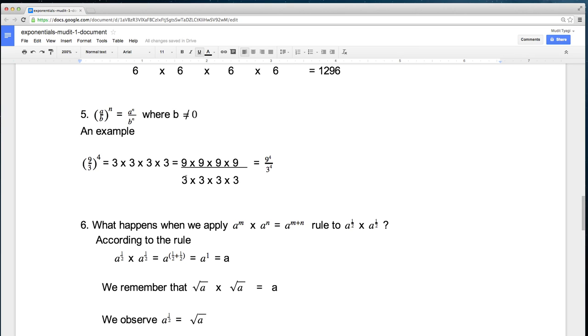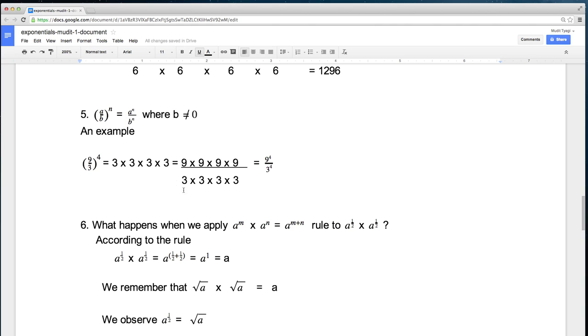And you can see that each 9 gets divided by a 3. And so you have 9 over 3, 9 over 3, 9 over 3, 9 over 3. So you have 9 over 3 4 times, and each 9 over 3 is equal to a 3.